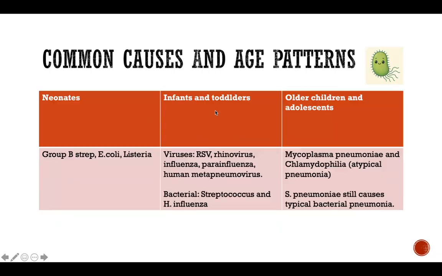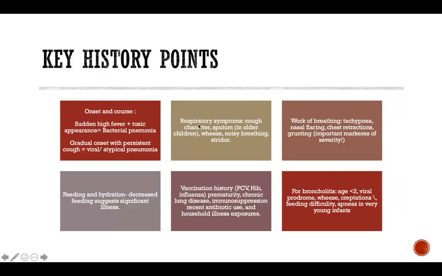In infants and toddlers, from 3 months to 5 years old, the most common causes are viruses, especially RSV, rhinoviruses, influenza, parainfluenza, and so on, while the most common bacterial causes are Streptococcus and Haemophilus influenzae. In children older than 5 years, atypical pneumonia can be seen, and the most common causative agents would be Mycoplasma pneumoniae and Chlamydophila, while the most common cause of typical bacterial pneumonia is Streptococcus pneumoniae.